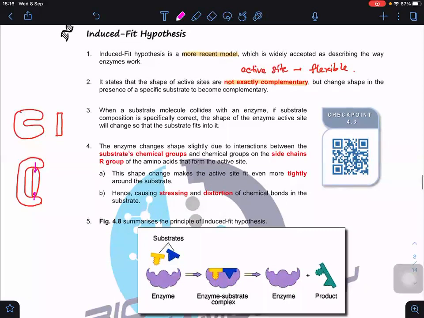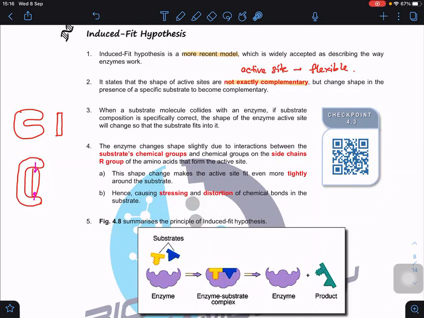So the induced fit model is actually a better version to tell us how enzymes work. First, they are not totally, exactly complementary, but with the correct substrate, you can induce a change in the active site shape so that now the substrate can bind. When the substrate binds like this, because the enzyme wants to return back, it's something like a spring, right? You pull the spring and release it, and it wants to return.